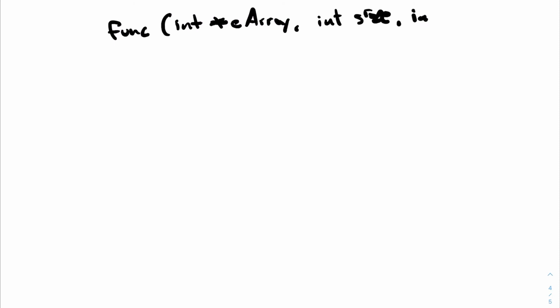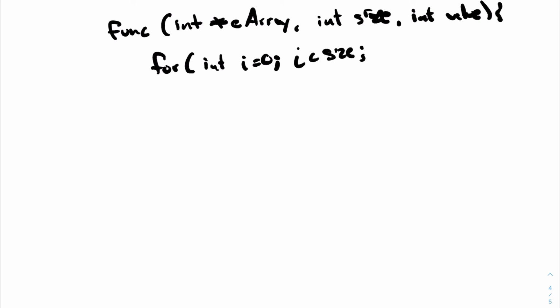All right, let's do another one. This will be our last one. All right, another one with a built-in array. This one's going to take a size and a value. And then inside this, it's going to say for int i equals 0, while i is less than the size, i plus plus.